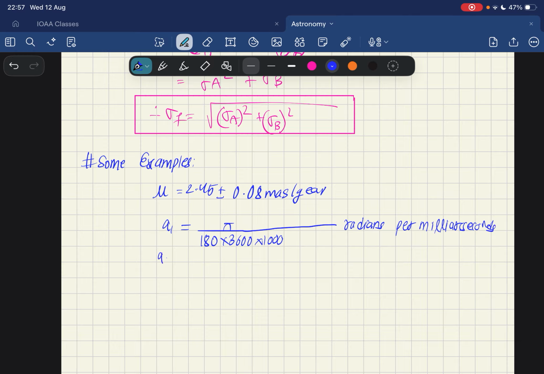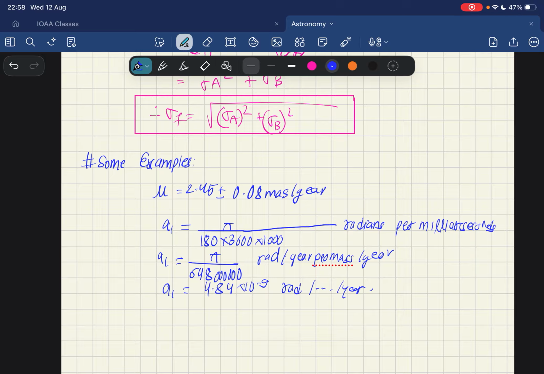Then A1 will be pi divided by 648,000,000. I actually calculated it already, so that's the reason I know it. So it will be 4.84 times 10 to the power minus 9 radians per milliarcsecond.